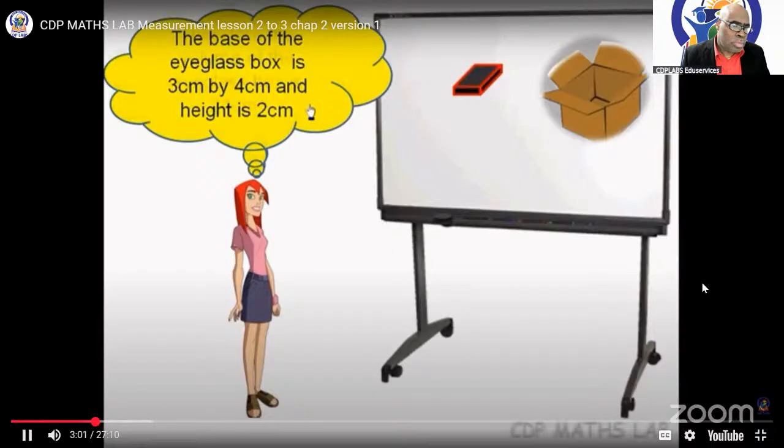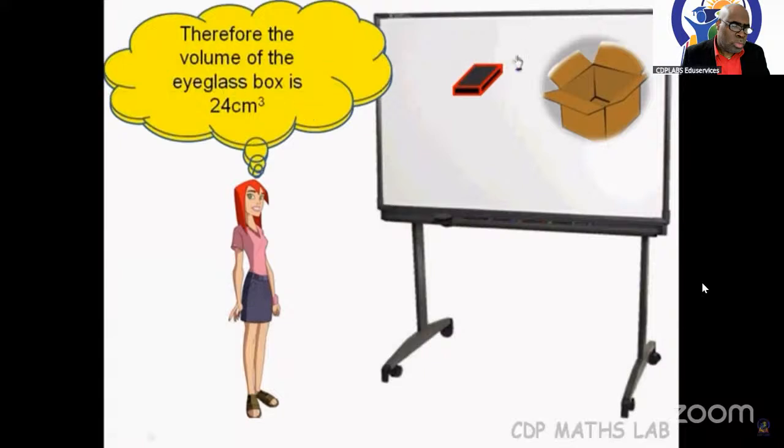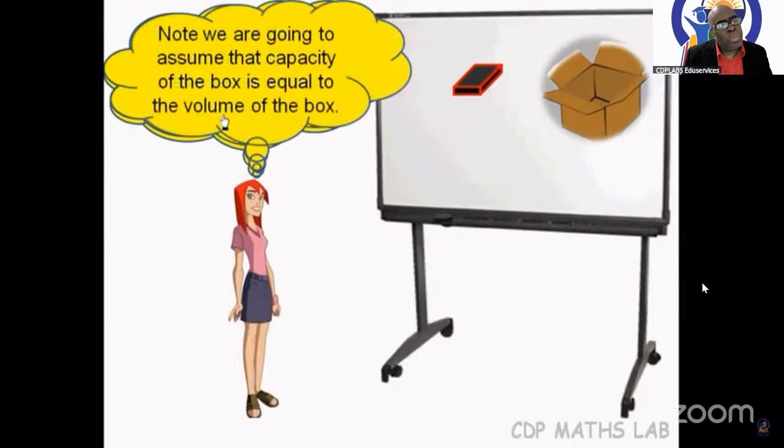Centimeters. Therefore, the volume of the eyeglass box is 24 cubic centimeters. Note, we are going to assume that the capacity of the box is equal to the volume of the box. Capacity means inside here, right? Good.